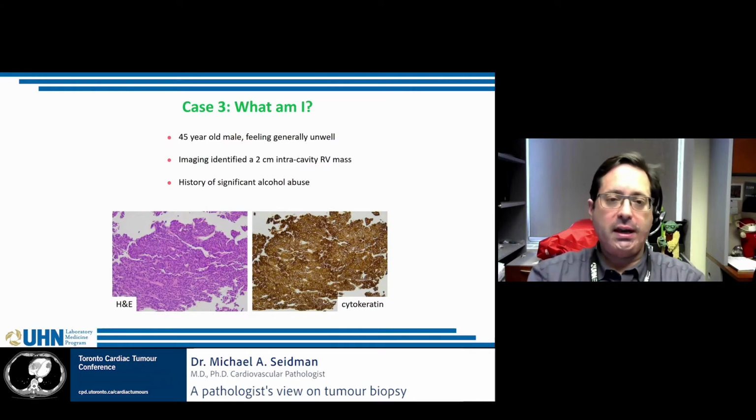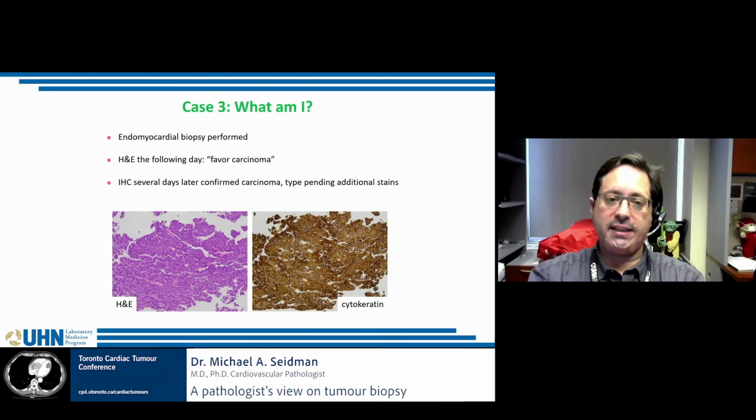Case vignette 3, what am I? A 45-year-old male who was just generally unwell. There was a 2-centimeter intracavitary RV mass and had a massive significant history of alcohol abuse. On the left is the H&E histologic stain, and on the right is a cytokeratin immunohistochemistry. These are on endomyocardial biopsy performed by catheter.